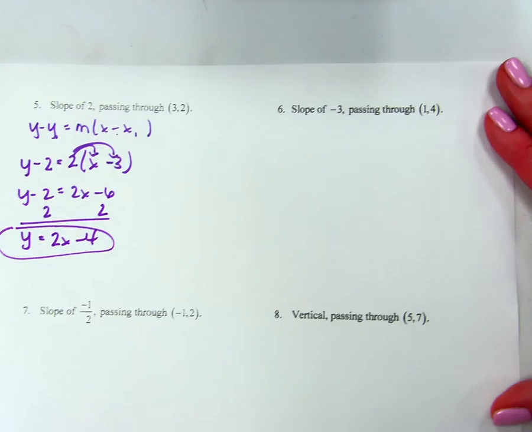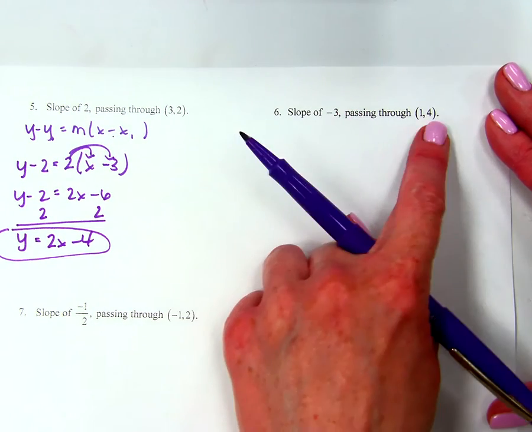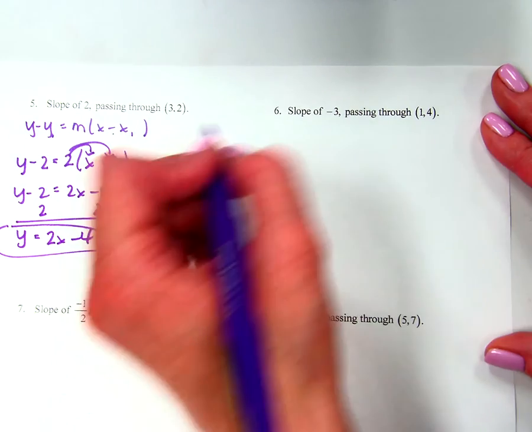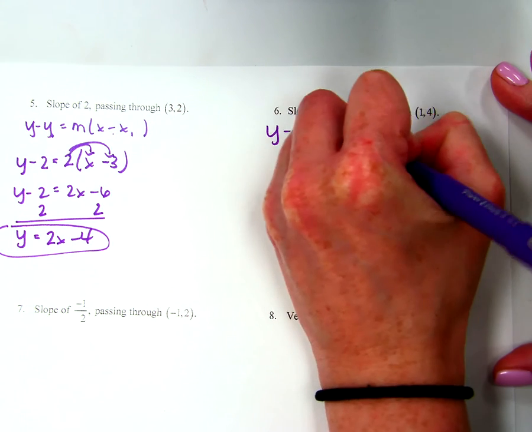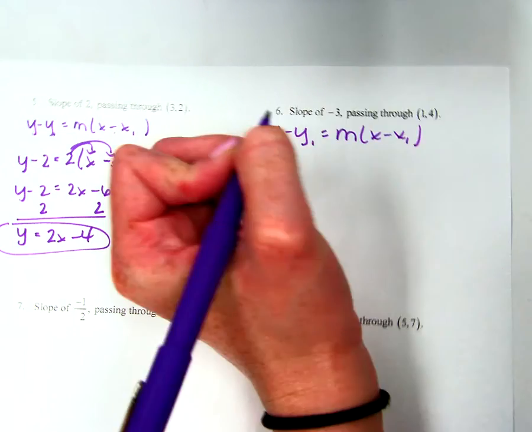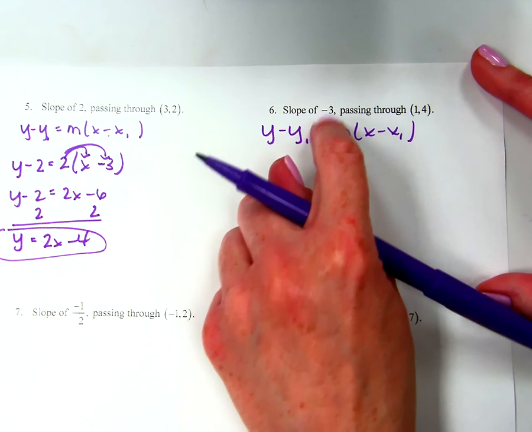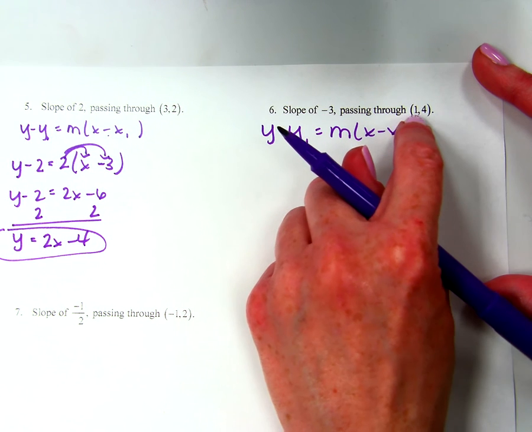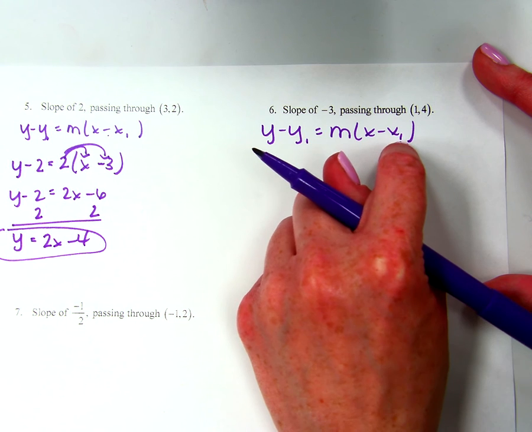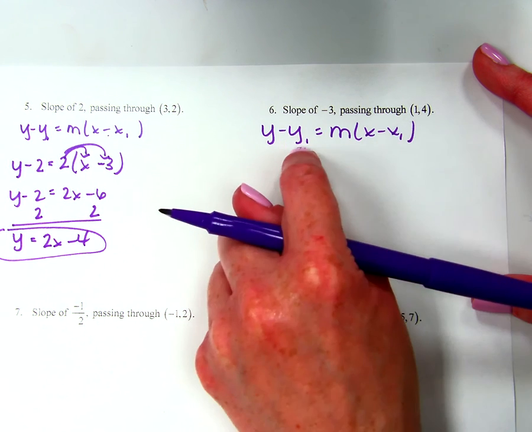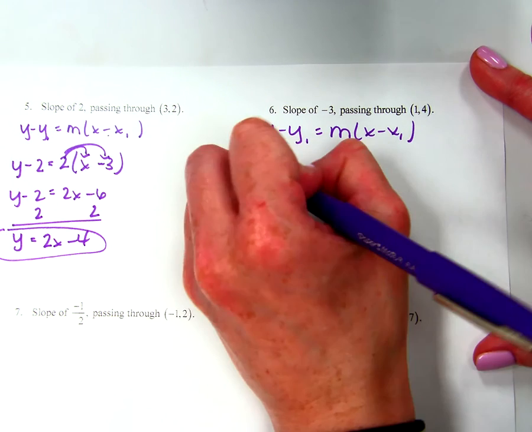So let's look at number 6. Same thing again here, giving us a slope and an ordered pair. So we're going to do y minus y sub 1 equals m times x minus x sub 1. I'm going to take my slope and plug it in for my m, and then my ordered pair: my 1 is going to go in for my x sub 1, and my 4 is going to go in for my y sub 1.